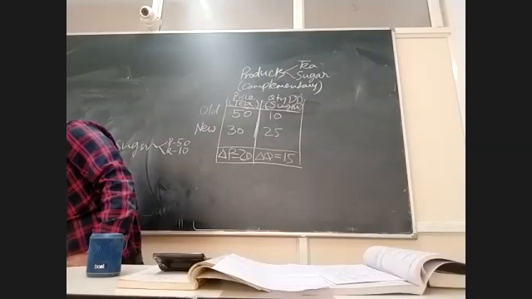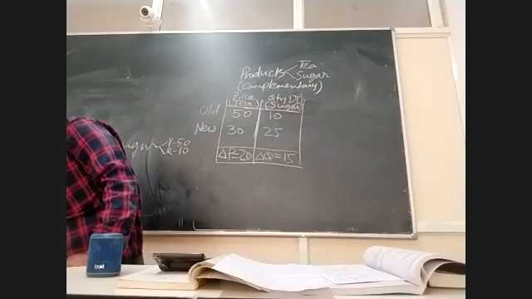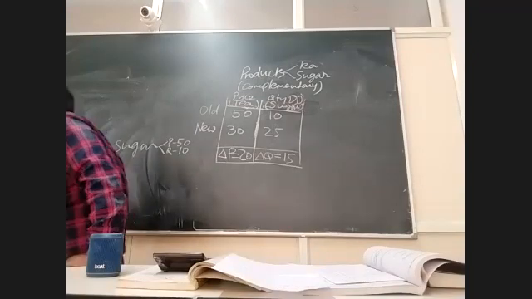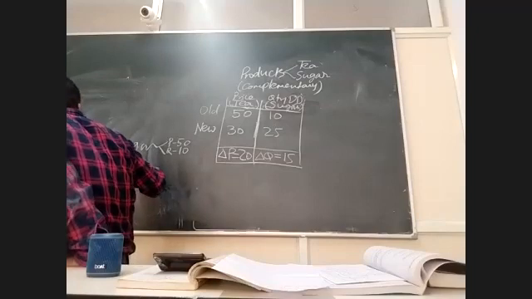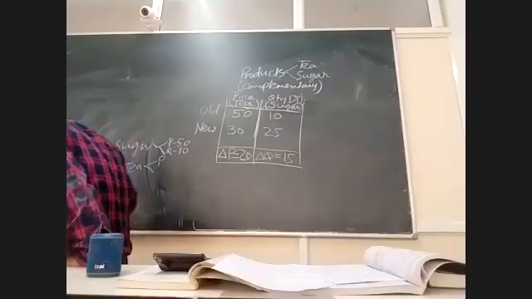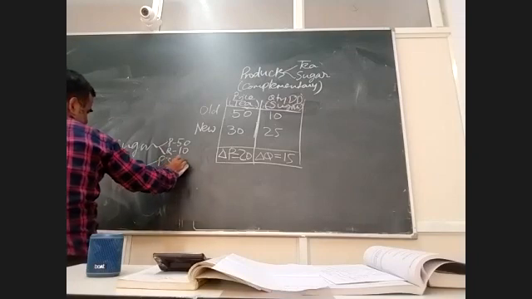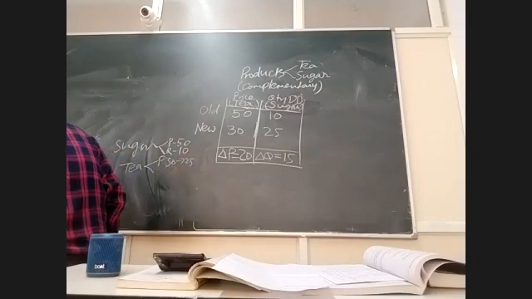Then price equals to 30. Is the quantity demanded 50%, 30%? Then price 30 to 25.